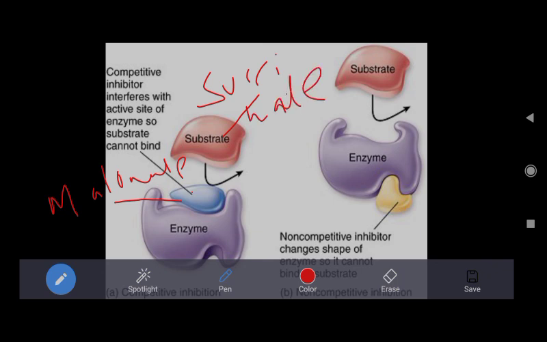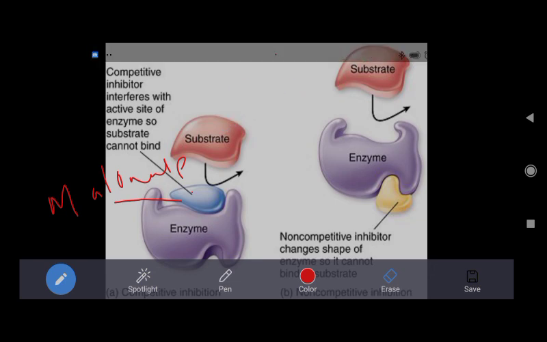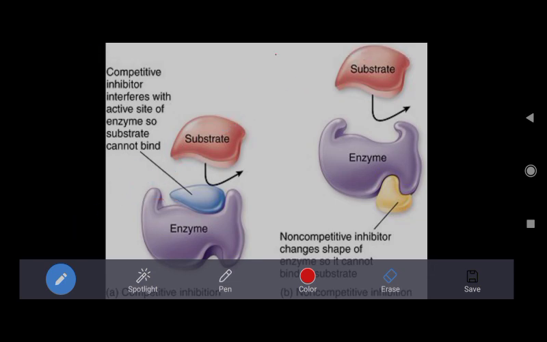Succinate will come to bind, but before binding, malonate, which resembles succinate, will bind to the active site of the enzyme and prevent the action of succinate dehydrogenase. This is a good example of a competitive inhibitor. Is competitive inhibition clear to you?